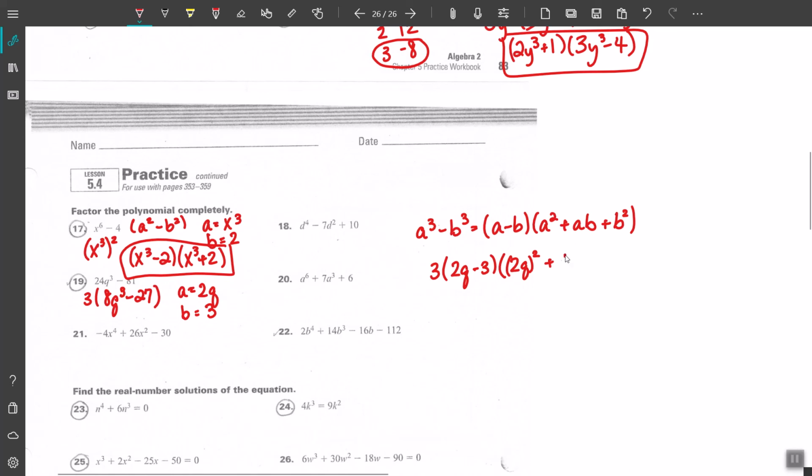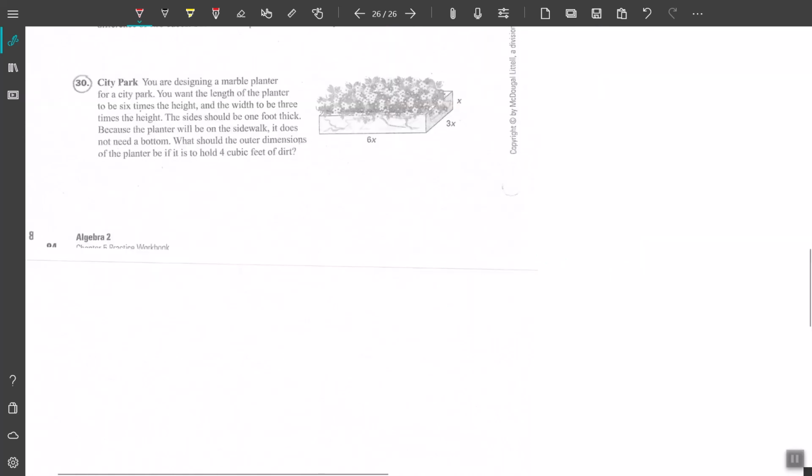Then I have my a, which is 2q, times my b, which is 3, plus 3 squared, which is 9. All right, now I need to come down here and do some cleanup. 2q squared, so I'm squaring that 2 to make 4. I'm squaring that q to make q squared, multiplying these together, and this right here. All right, and that, thankfully, is our final answer.